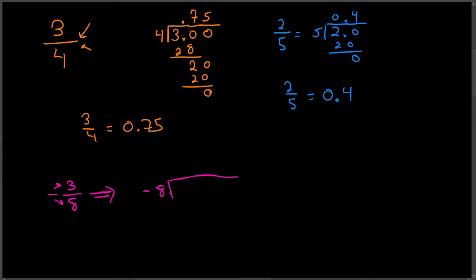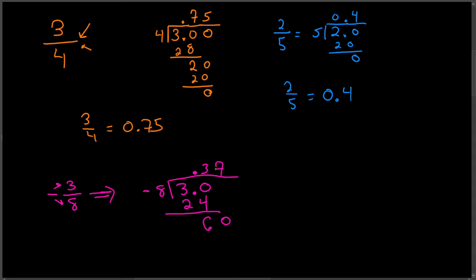So I'll put it out here. And so I have the 3.0. Eight goes into 30 3 times. I'll keep my decimal point lined up. 3 times 8 is 24. Subtract. Bring down a 0.